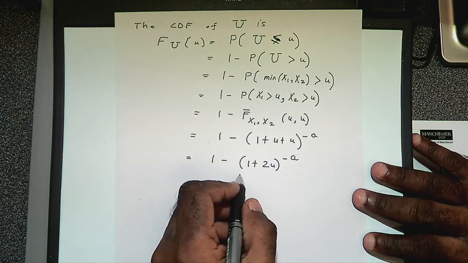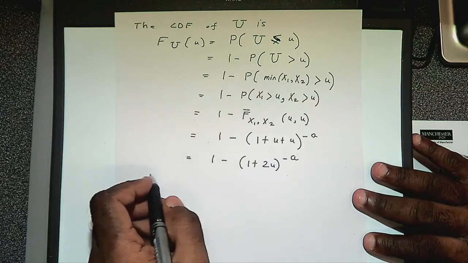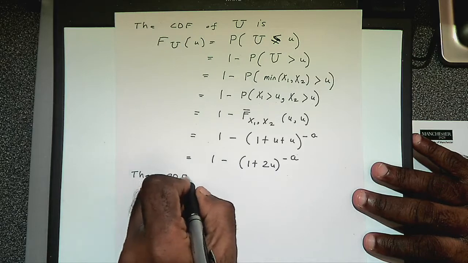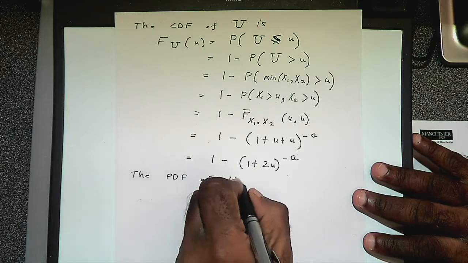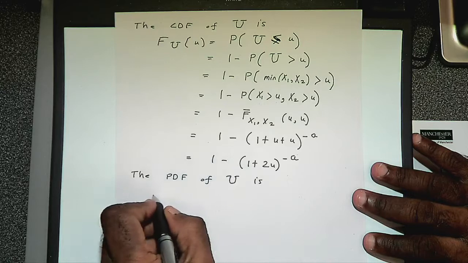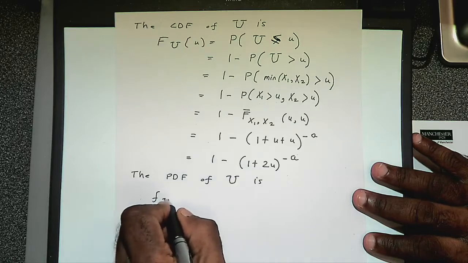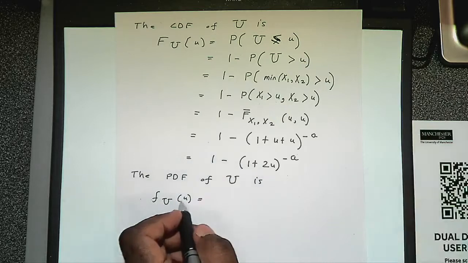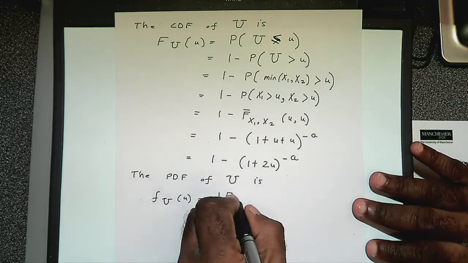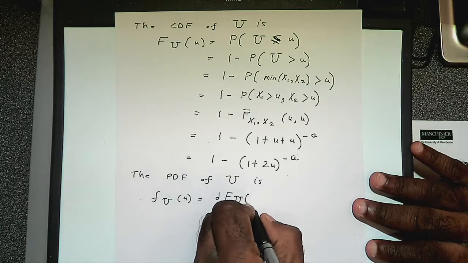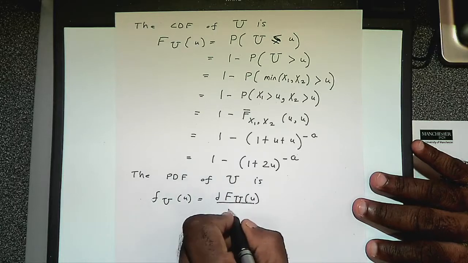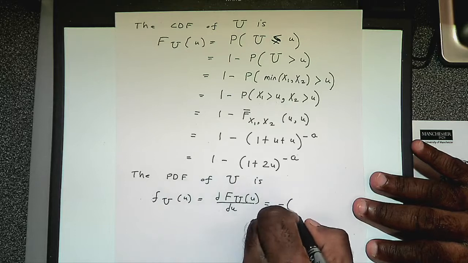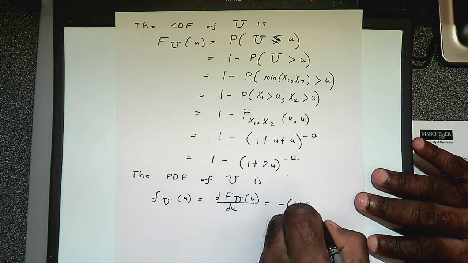So this is the CDF of minimum portfolio loss, and the PDF of U is just the derivative of this, which is minus 1 plus 2U.